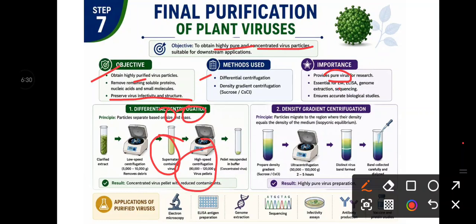Then the virus pellet we get after centrifugation will be suspended in a buffer, generally the phosphate buffer. This is about differential centrifugation and density gradient.